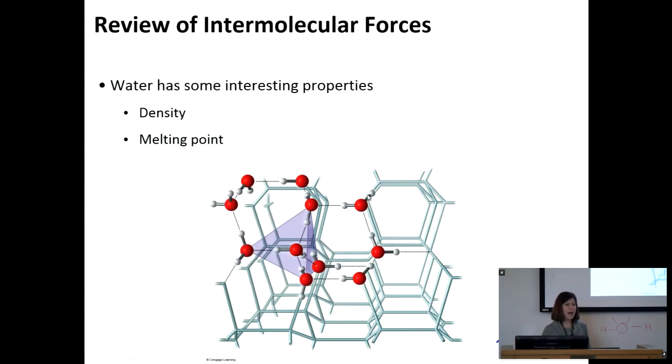And so when you go from liquid water to solid water, you actually create more empty space. And that is why solid water floats on top of liquid water. You would think that the density of ice should be greater than that of liquid water, right? But it floats. So that's because of this 6-membered ring. And because of all that hydrogen bonding, you have a really interesting thing that happens with the density of water, and it affects, of course, the melting point.